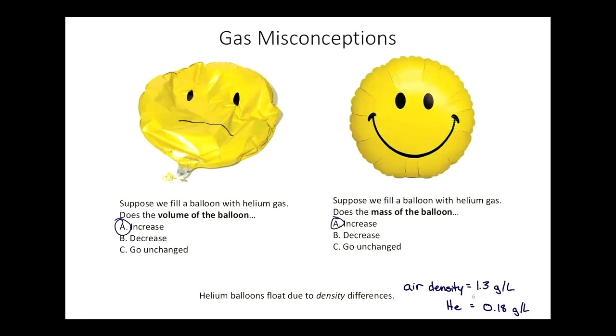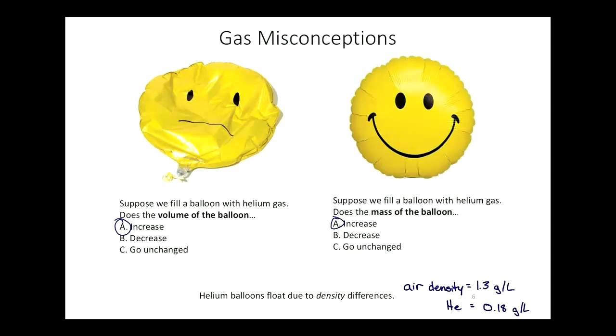We are paying for helium atoms. Helium atoms have mass, right? We're filling the balloon with helium atoms, so the mass of the balloon must go up because we're literally putting helium atoms in it. But do you understand where the misconception is?